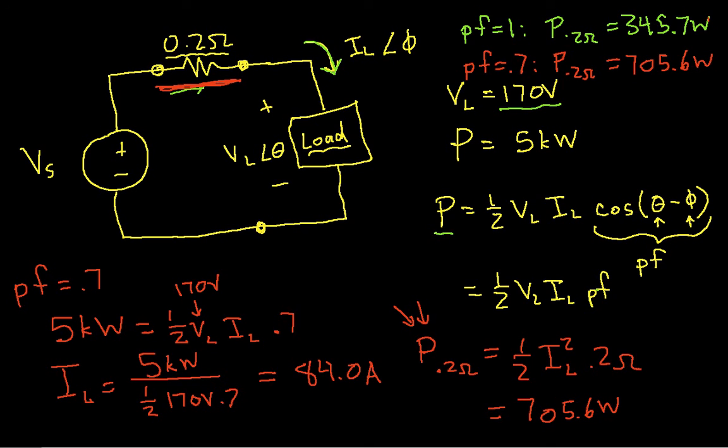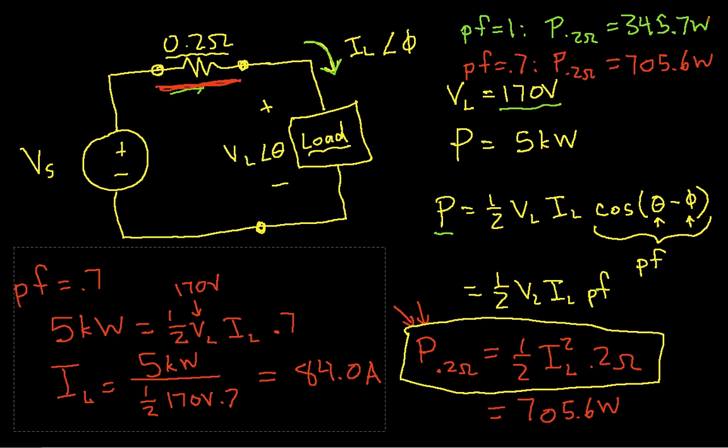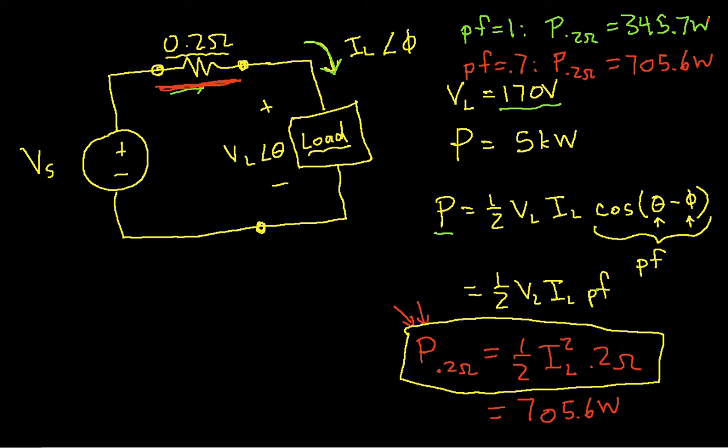Okay, so one thing that I just assumed was clear, and I probably ought to make sure it actually is clear, is that the average power in this 0.2 ohm resistor is given by this expression. So let's clear that up to make sure.